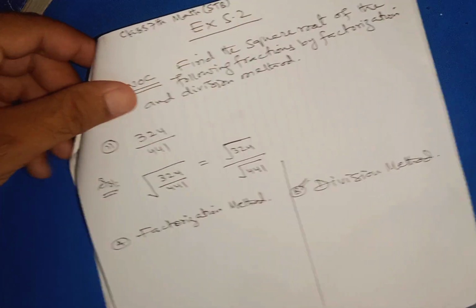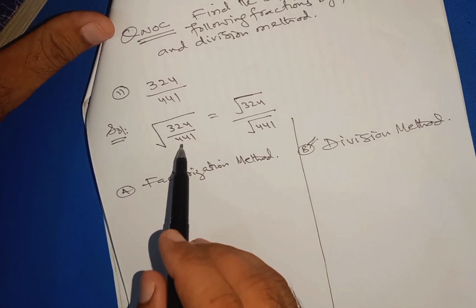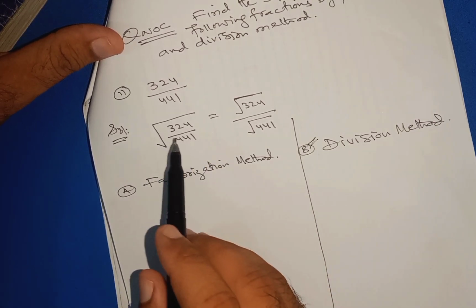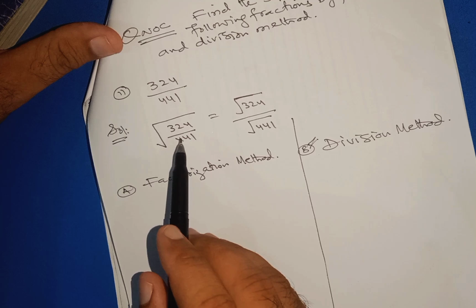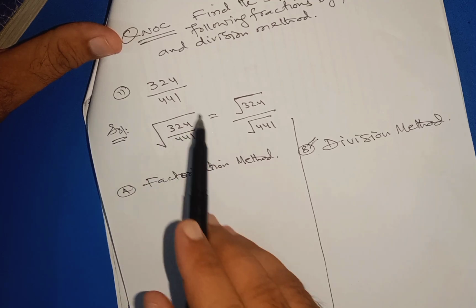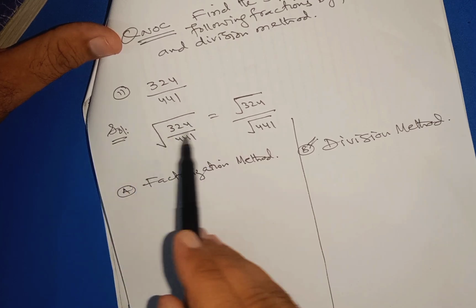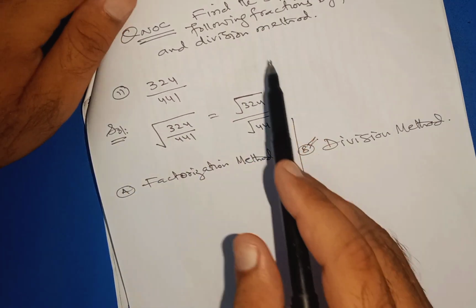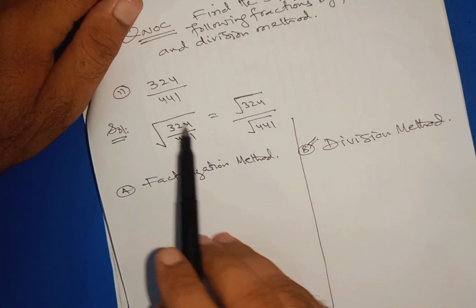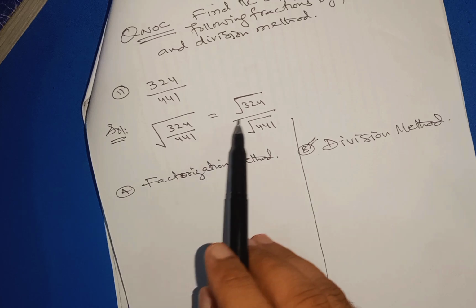So let's move to solve this problem, which is to find the square root of 324 over 441. First of all, you need to write this fraction under the sign of the square root, like we have written here. It's 324 over 441.